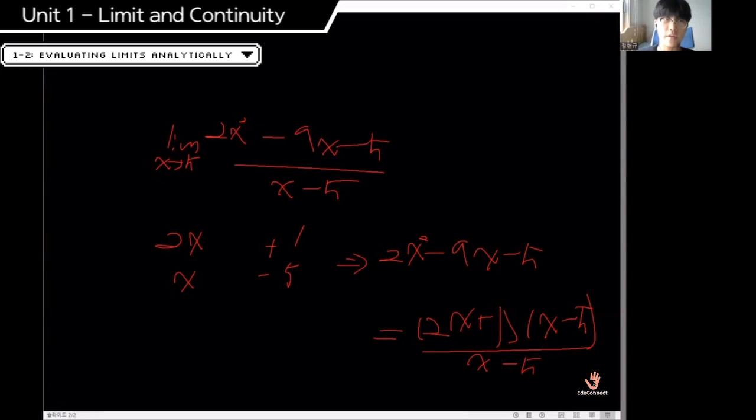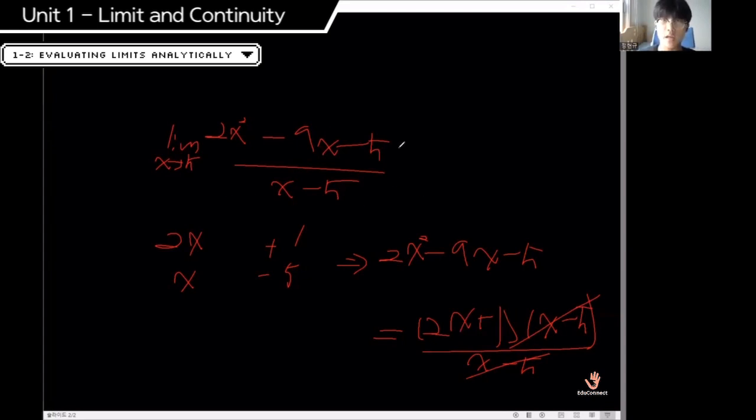Now, why does factoring help us? Well, what happens to the x minus 5 terms? They cancel. This is what was giving us the issue when we were using direct substitution. So now I can find the limit as x approaches 5 of 2x plus 1. And now we can use direct substitution.